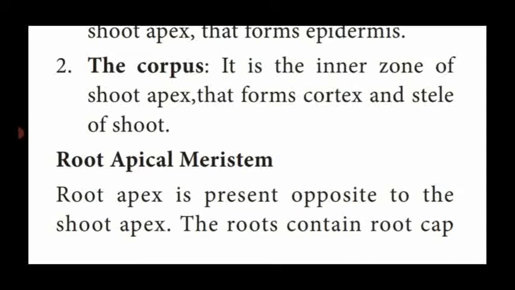The root contains different regions, that is, the root cap at the tip of the root. The apical meristem is present below the root cap region. The tip of the root is covered with a protective structure called a root cap.